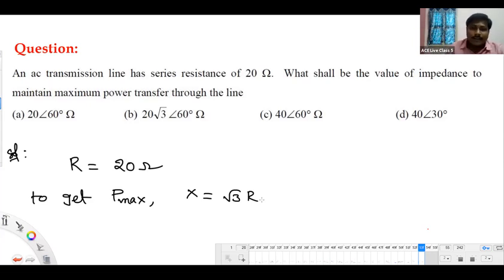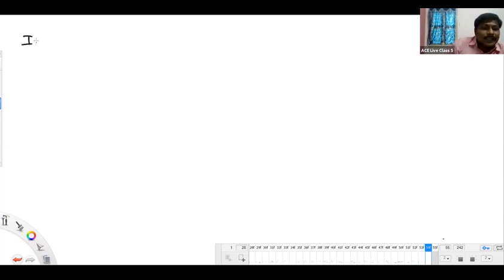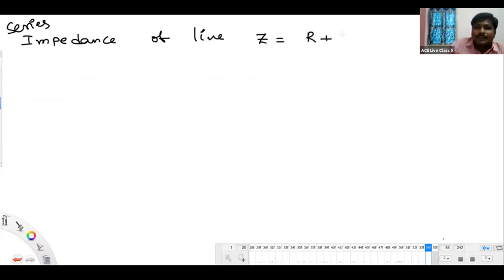In place of X, you keep root 3 R. Then that is the impedance value to have the maximum power transfer. So the series impedance of the line is R plus jX, and for maximum power transfer, Z will come to be R plus j root 3 R.